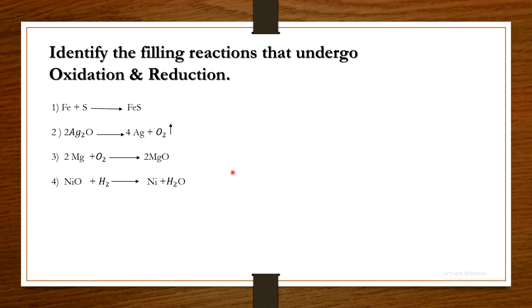Now these four reactions are given. In the first reaction, iron Fe plus sulfur forms ferrous sulfide, FeS. Here the oxidation of Fe and the reduction of S take place.